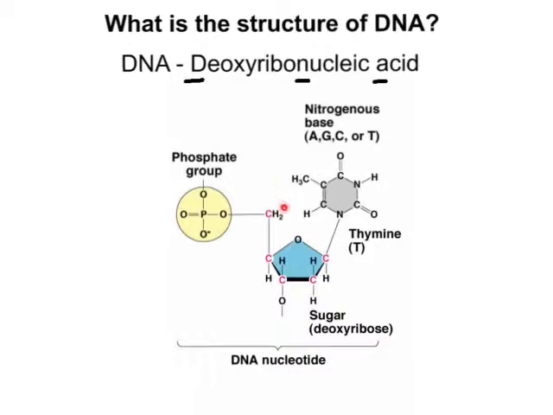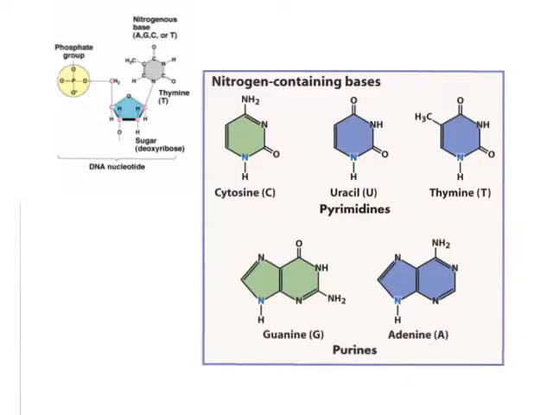So let's take a look at what our choices are for a nitrogenous base. These nitrogen-containing bases, there are actually 5 total. We're not going to talk about this one for right now, uracil, but let's talk about the other 4, because the other 4 are present in DNA.